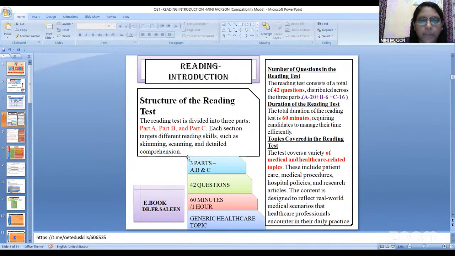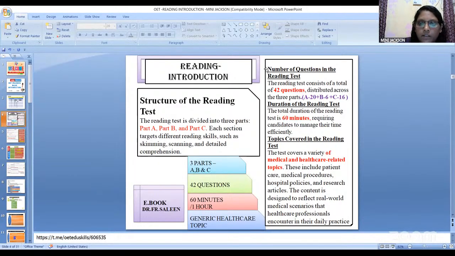There are three parts and 42 questions. Allotted time is 1 hour or 60 minutes. The topics are generic healthcare topics. The points I took from the ebook of Father Salim.